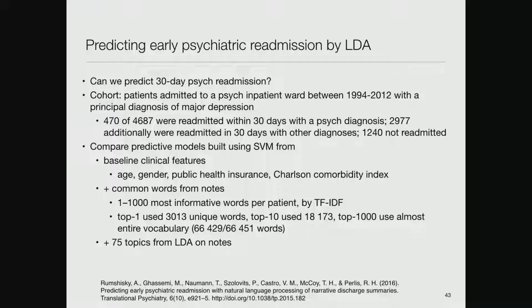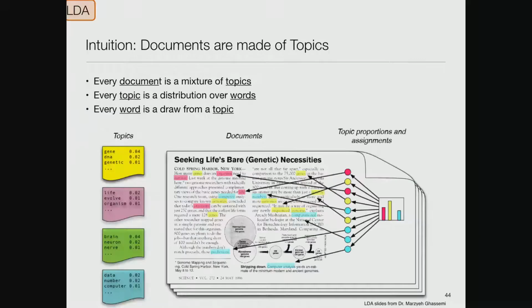And then we said, well, instead of doing individual words, let's do latent Dirichlet allocation, so topic modeling, on all of the words as a bag of words, so no sequence information, just the collection of words. And so we calculated 75 topics using LDA on all these notes.